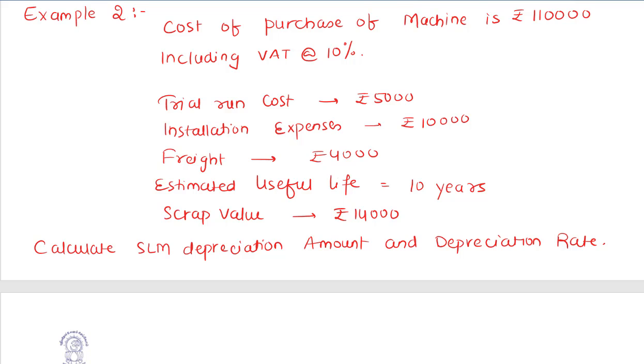So cost of purchase of machine is 1,10,000, including VAT, that is 10%. Trial run cost is 5,000. Installation cost is 10,000. Freight is 4,000. Estimated useful life is 10 years. Scrap value is 14,000. We need to calculate the depreciation amount and depreciation rate.